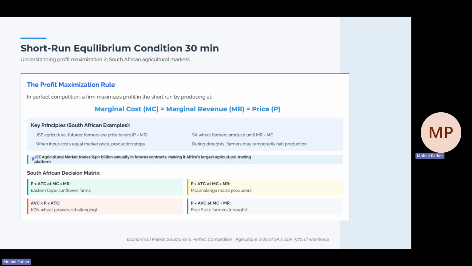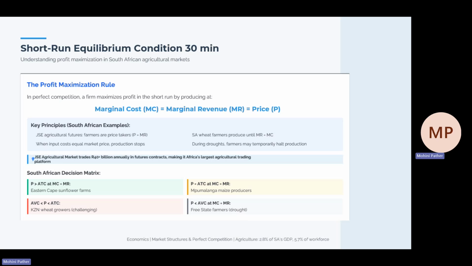Then we've got Mpumalanga maize producers, who are working at a point where their price equals their average total costs. Then you've got your Free State farmers. During a drought, their price may drop versus their average variable costs, so now your marginal costs are starting to exceed your marginal revenue.